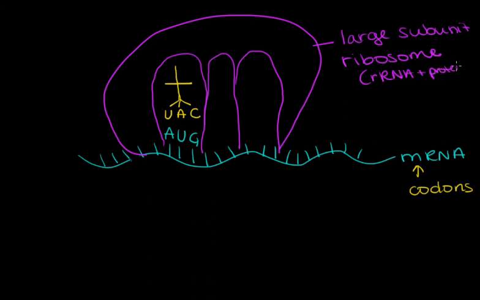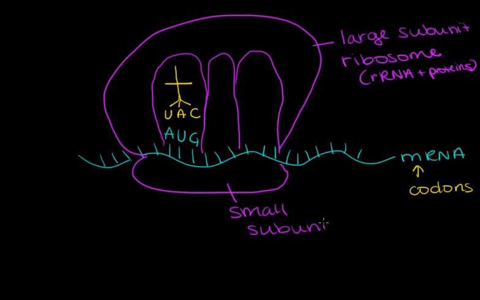And then at the bottom, to keep the mRNA nice and sandwiched in here, we've got the small subunit, which is made of rRNA and proteins.